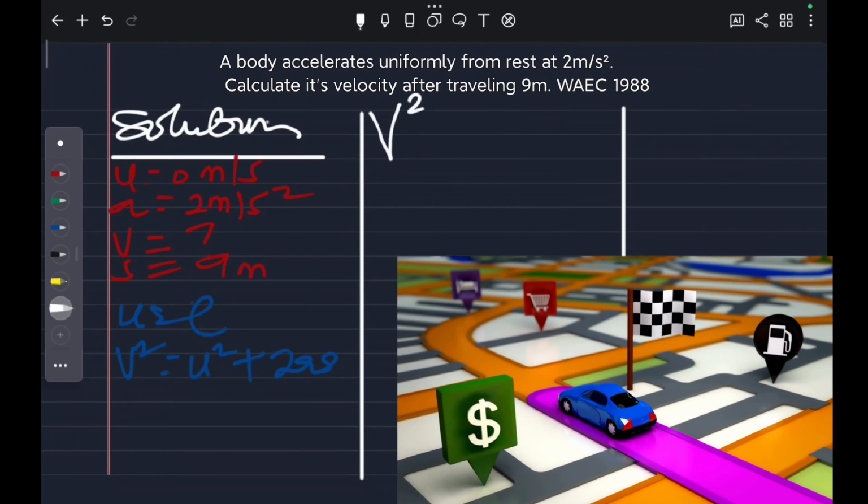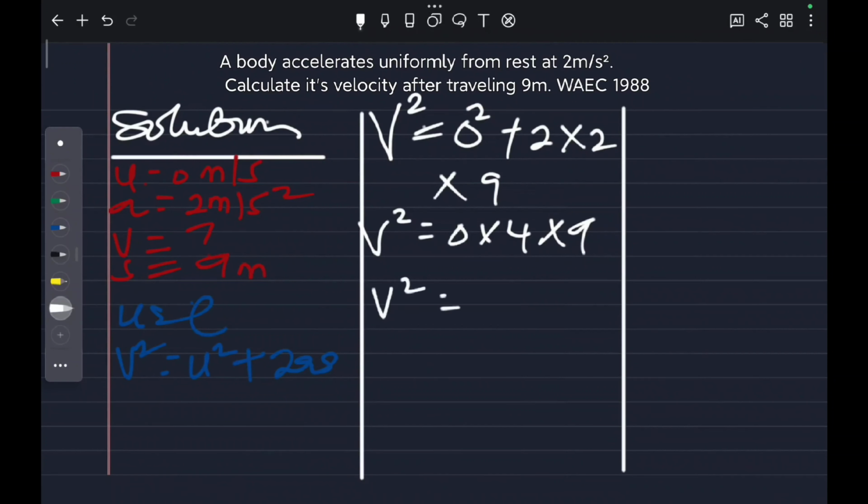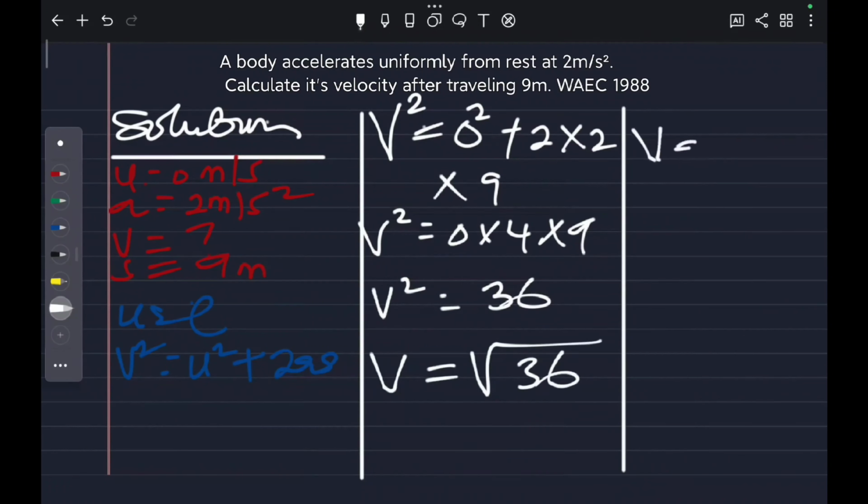By substitution, we have V squared is equal to 0 squared plus 2 multiplied by 2 multiplied by 9. So that V squared is equal to 0 plus 4 multiplied by 9. So that V squared is equal to 36, and the square root of 36 will give you 6 meters per second as our velocity.